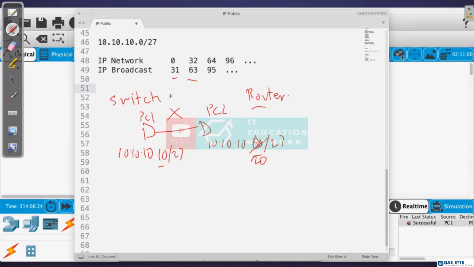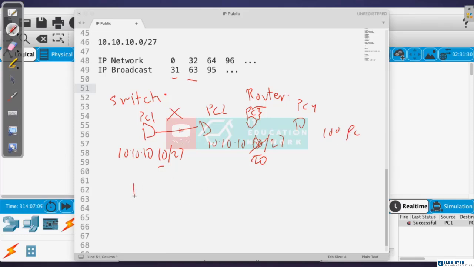Okay, now let's learn more about switch. Remember that switch is used to connecting many PCs that are in the same block subnet. In the previous case, we only have two PCs. But how if we also have PC3 and PC4? How if we have 100 PCs? This is why we need a switch.